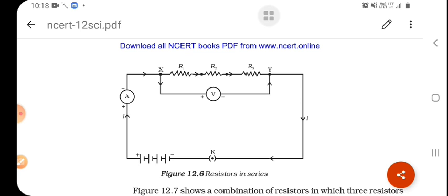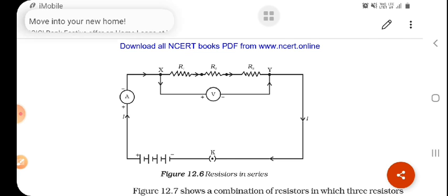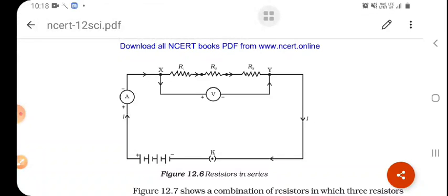That is, there is only one path for the current to flow between these two points when a potential difference is applied across this combination. So this is the series combination of resistances.